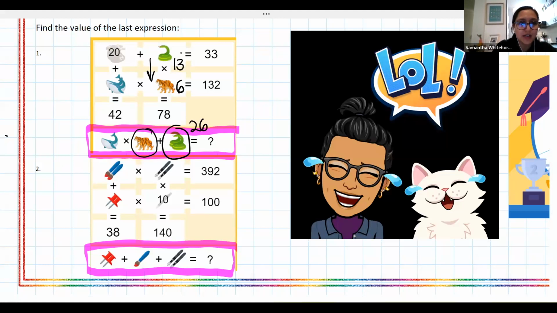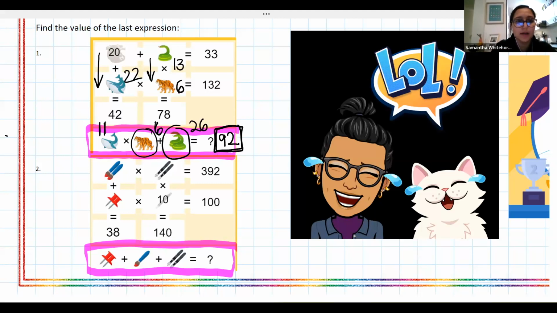So these two tigers here are worth 6. Then you can either work down the column or across the row for the whales, doesn't matter. Easier is down because it's plus. 20 plus what gives me 42? 20 plus 22. So 2 whales is 22, which means 1 whale is 11. Now remember your BODMAS. 11 times 6 is 66. 66 plus 26 is 92. So that is how we got 92 for the first one.